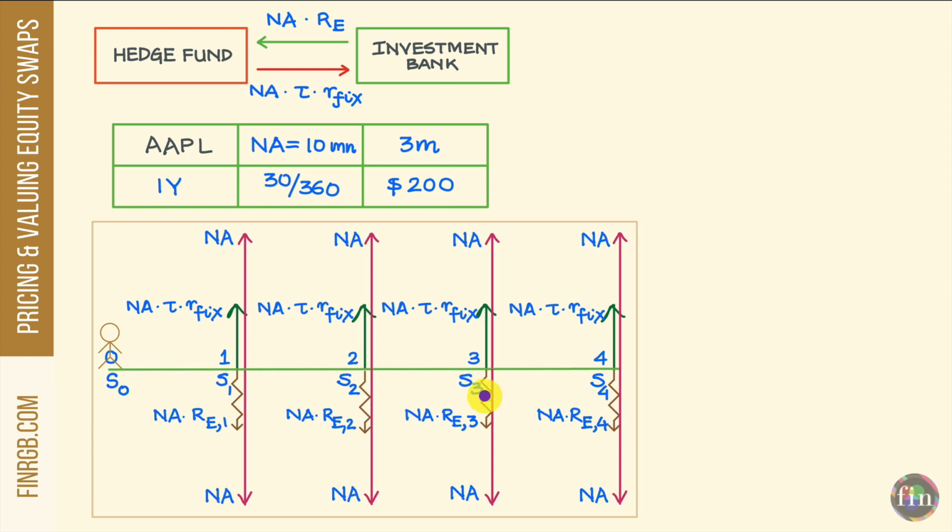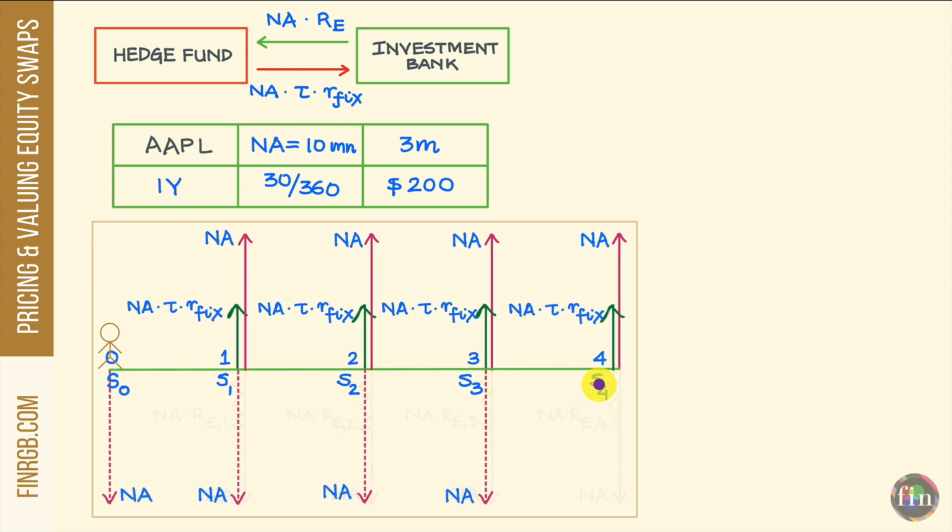Similarly, these two cash flows can be achieved by the investment bank by investing these many dollars into the shares of Apple at this point in time. So all I'm saying is that by introducing these dummy cash outflows, the investment bank will be able to achieve these liquidation values by a planned investment into the shares of Apple, of amounts and timings which are shown here.